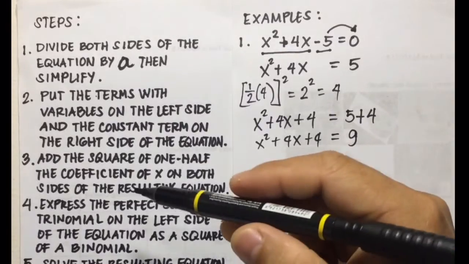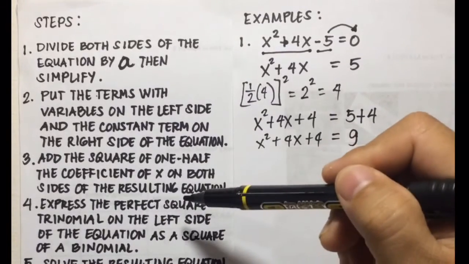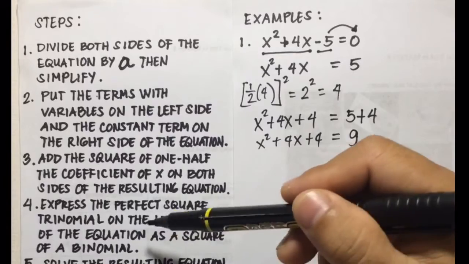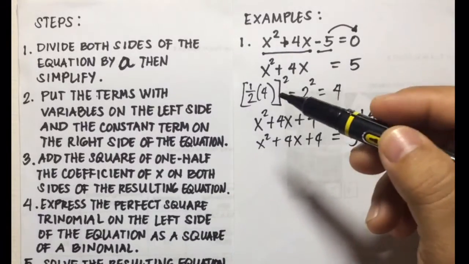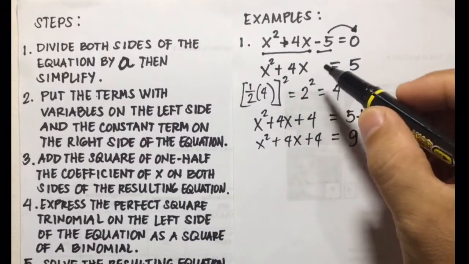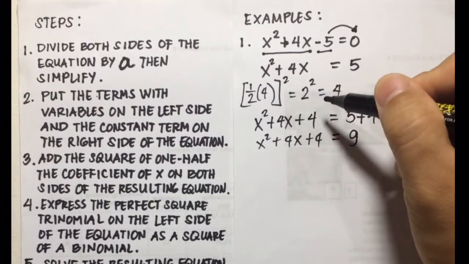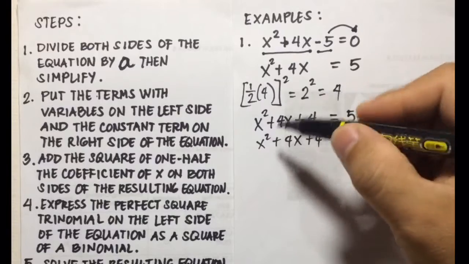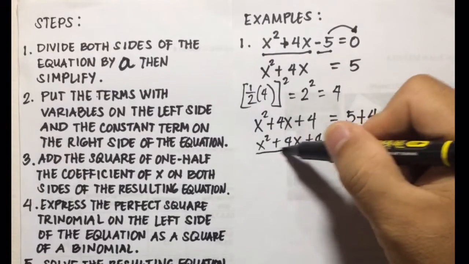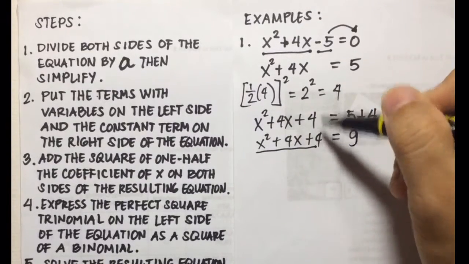Then step number 4, you're going to express the perfect square trinomial on the left side of the equation as a square of a binomial. Now the technique here will be whatever number you squared in step number 3, that will be the number you're going to use in expressing this one to a square of a binomial.